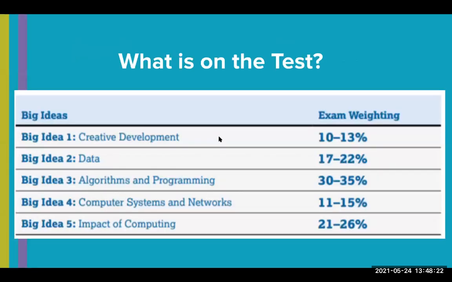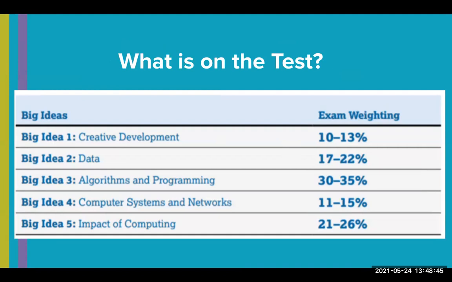Here's how it breaks down. Part 1, creative development, the start of our year, 10 to 15%. Data is going to be about 15 to 20%. Algorithms and programming, go figure, that is the big one, 30 to 35%.